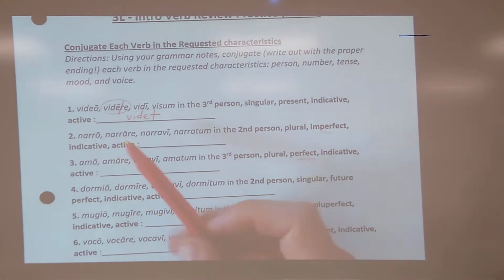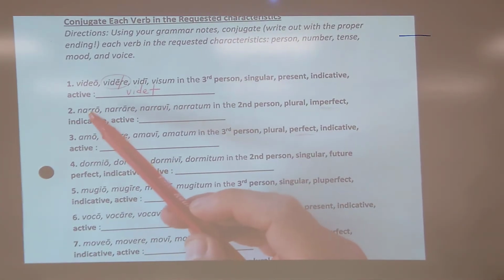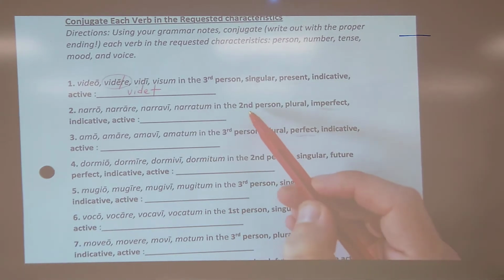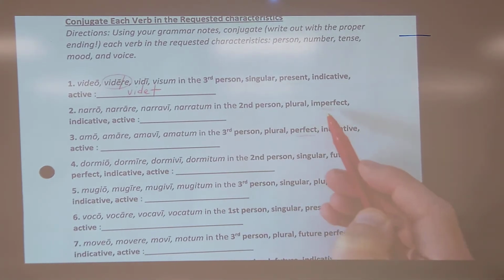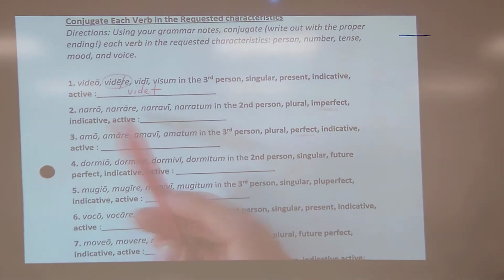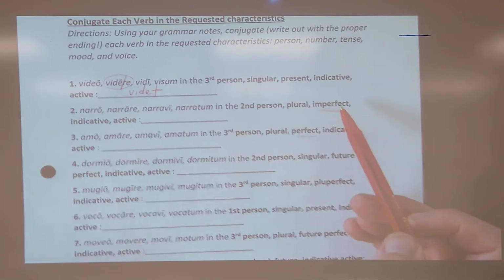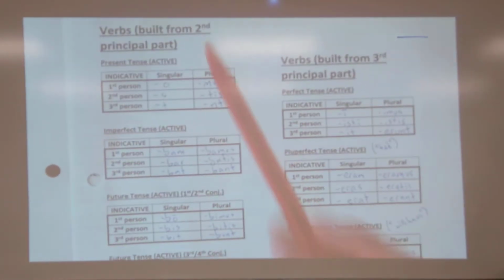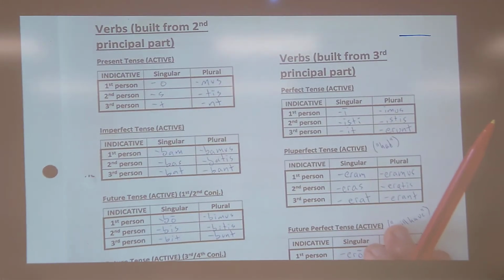Let's look at number two. We have the verb naro, narare, narawi, naratum. We want this in the second person plural of the imperfect indicative active. Looking at our chart, the imperfect tense is here on the left. It's built from the second principal part.